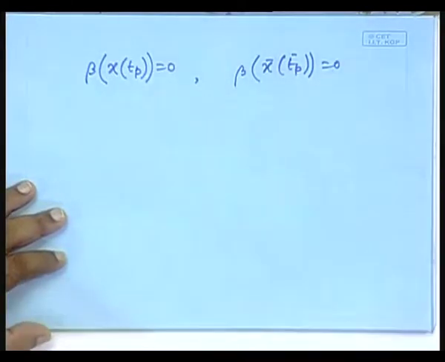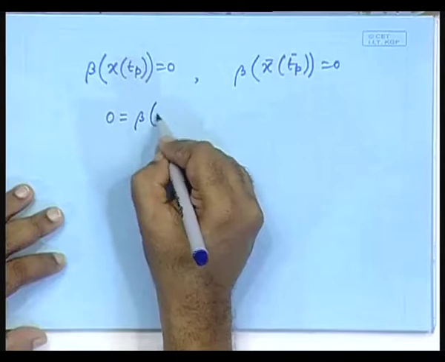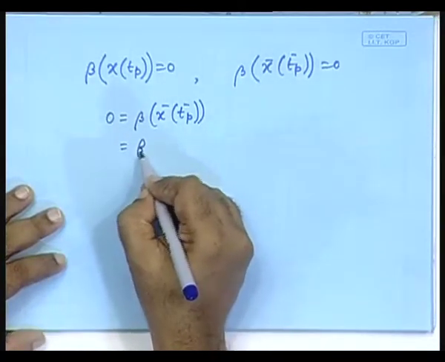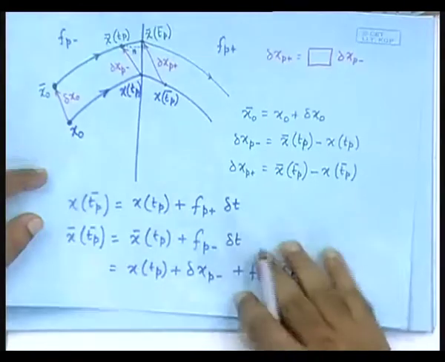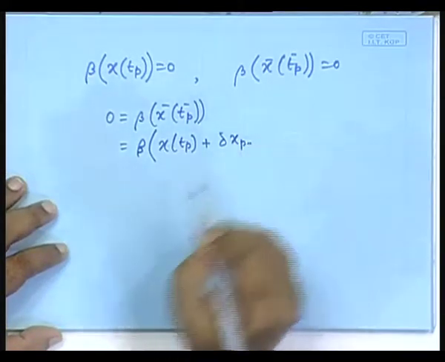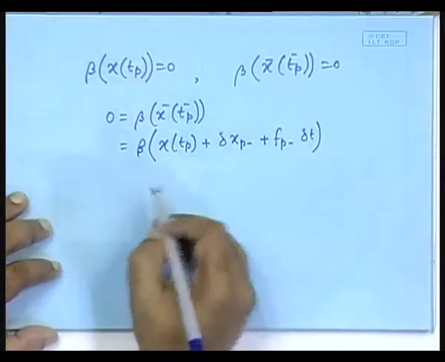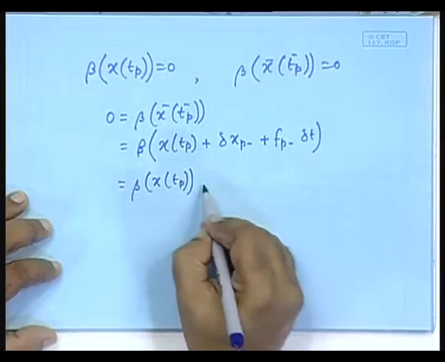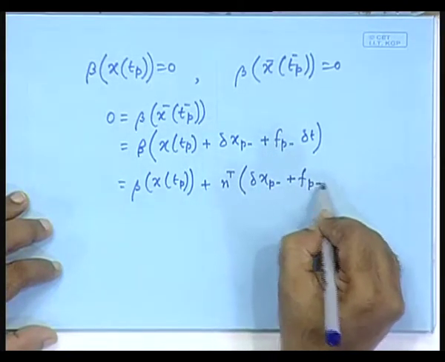Now, you can take this and expand this. So, I will write 0 in the left hand side, 0 equal to beta x bar T p bar, will expand it, beta x T p plus beta x bar T p bar is just from here, we already have it, plus delta x p minus plus f p minus delta t, and this can be taken out, and this can be written as beta x T p plus n transpose delta x p minus plus f p minus delta t.